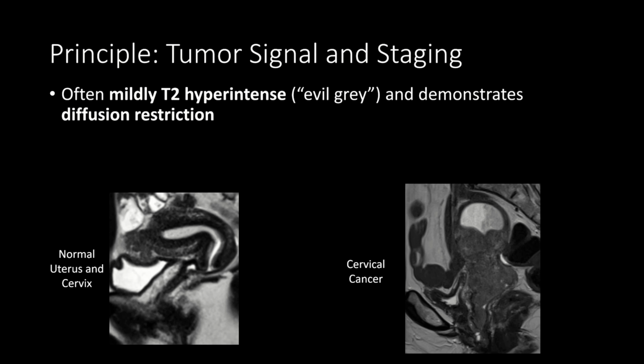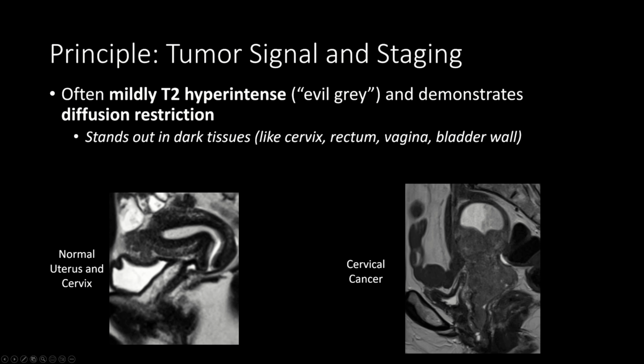Solid malignant tissue often also restricts diffusion, which is also very important. So two things to remember here. Many malignancies on T2 weighted imaging appear with this evil gray / mild T2 hyperintensity, and they often restrict diffusion.